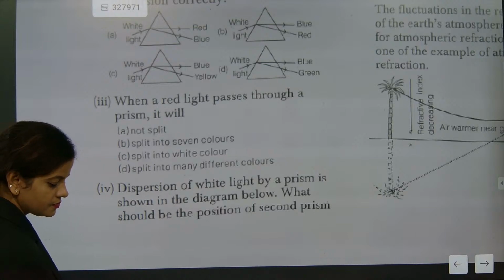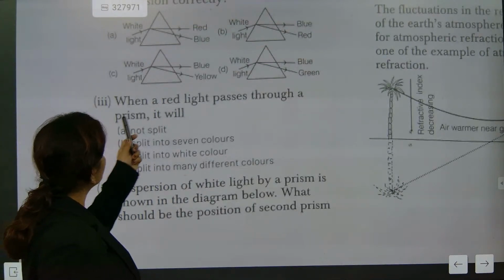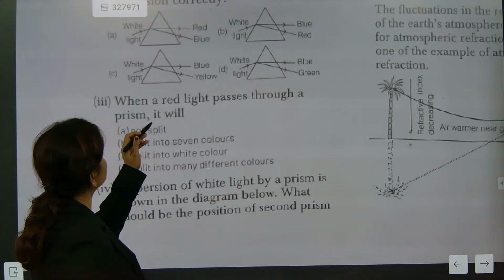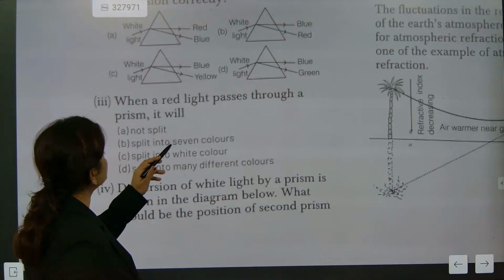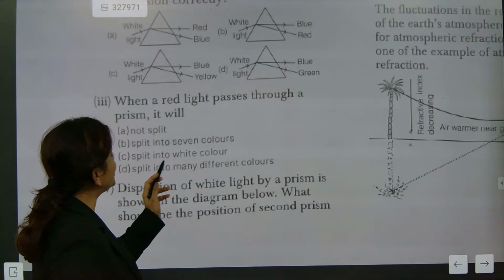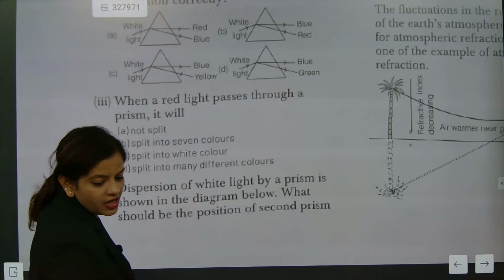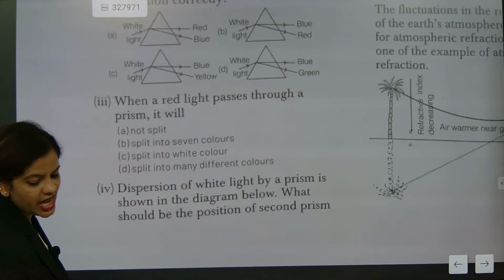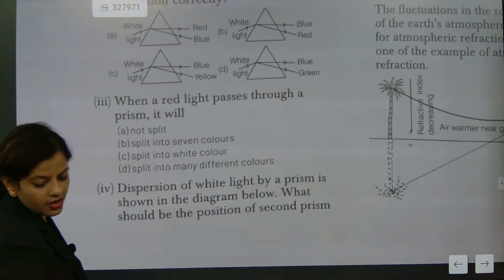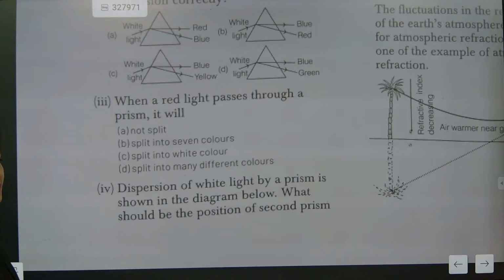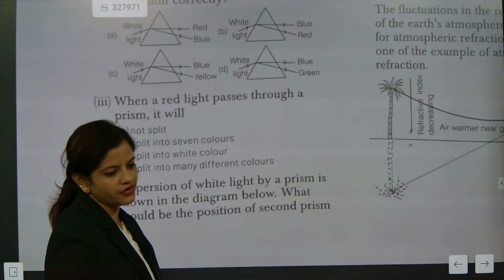B, ma'am. Now here, when a red light passes through a prism, will it split into 7 colors, split into white colors, or split into many different colors? What can be the answer? Red color will not split into 7 colors.